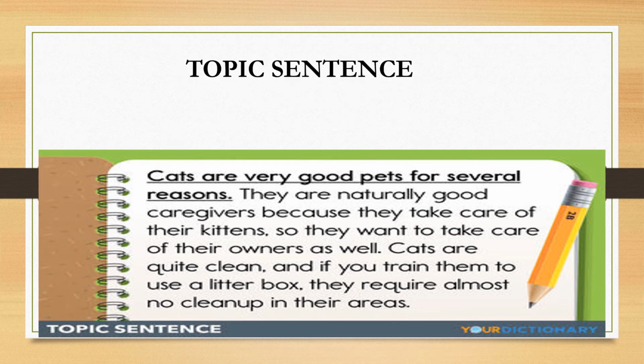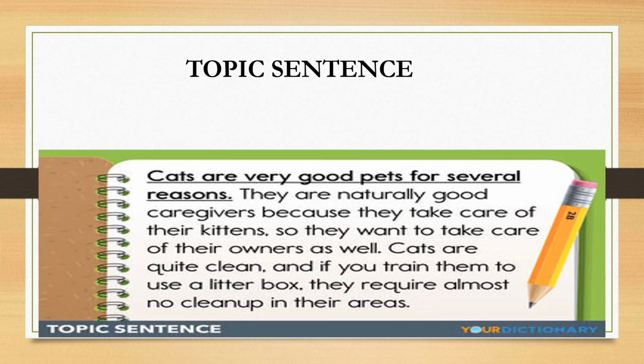Example of our topic sentence. Cats are very good pets for several reasons. First, they are naturally good caregivers because they take care of their kittens. So they want to take care of their owners as well. Ayan. Cats are also always clean.